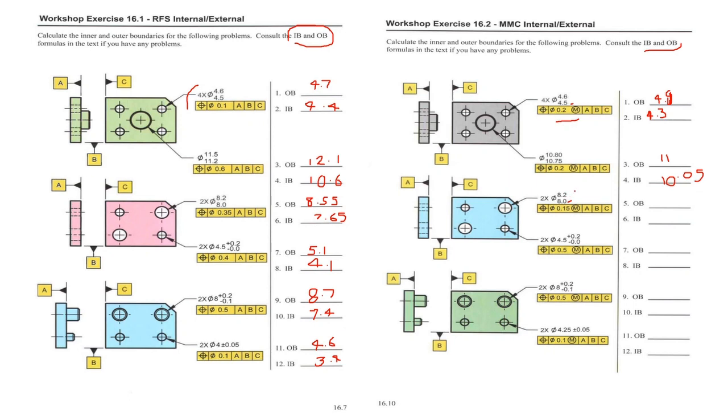So 8.2 plus 0.35 will give us the OB, which is 8.55. So OB is here 8.55 in this case, and the IB is this 8 minus 0.15, 7.85.